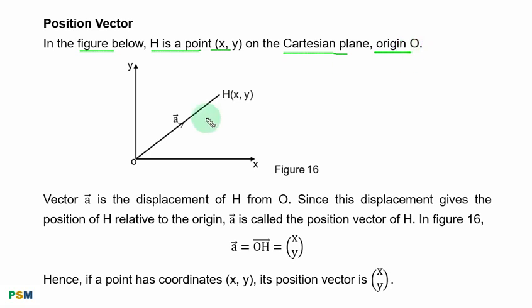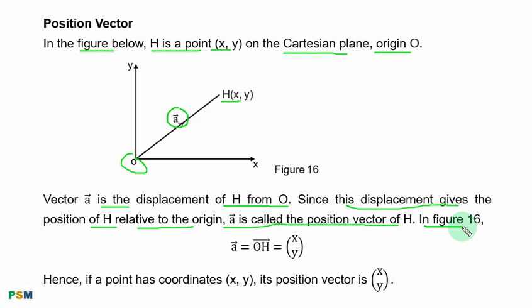The origin is point O. Vector A is the displacement of H from O, moving from O to H. Since this displacement gives the position of H relative to the origin, vector A is called the position vector of H.